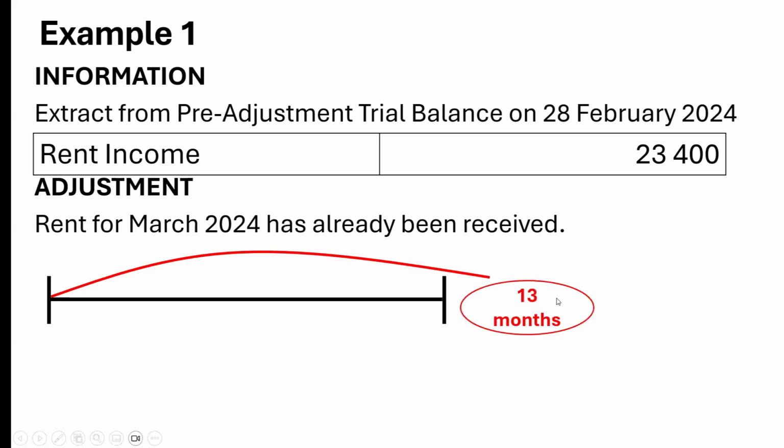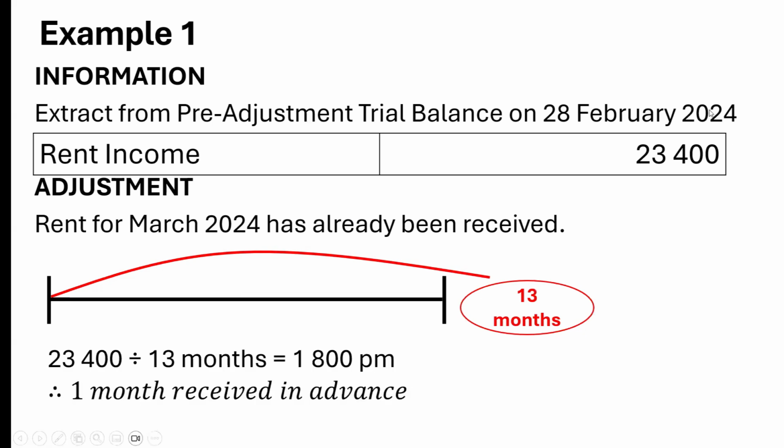I've received rent for 13 months. I'm only supposed to have 12 months of rent in my financial statements. So therefore, I will take my 23,400 and divide by 13 months. I'm receiving rent of 1,800 per month, and we've received 1 month in advance.